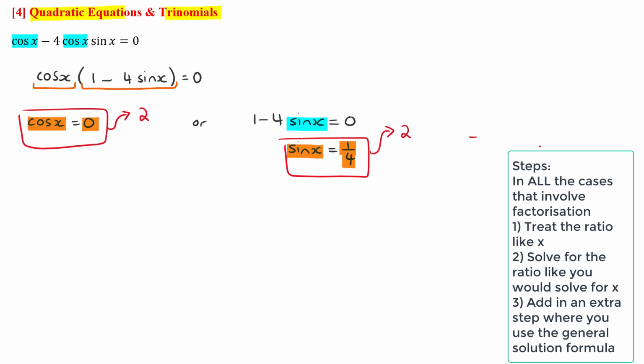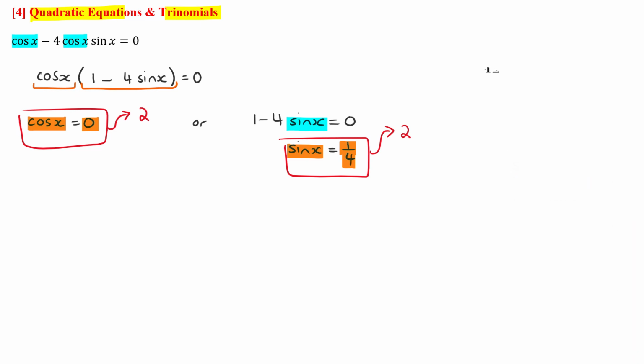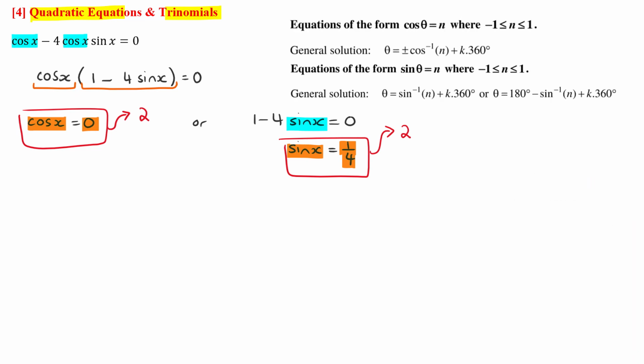And let's see how exactly that works. So the first one, we know from the formulas that we've been given that to solve for the cos general solution, we would say that the angle, which is x, is equal to plus or minus the inverse cos of 0 plus k times 360.